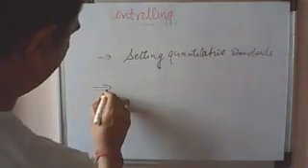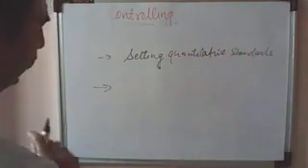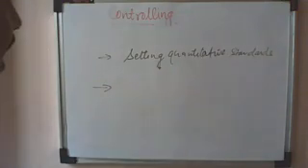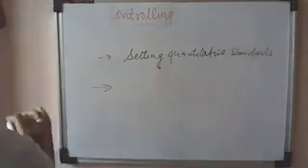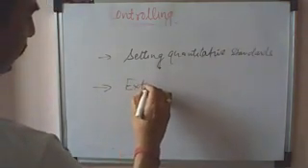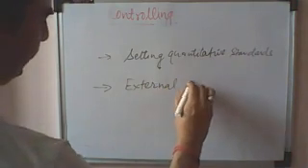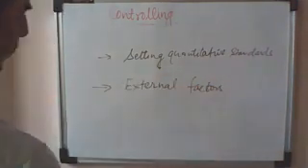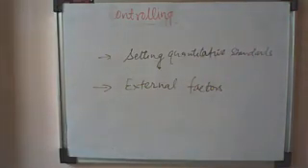Next limitation: planning is based on past experiences and we directly interrelate controlling with planning. So sometimes we do not have control over external factors, and these things can become obstacles to the controlling process.